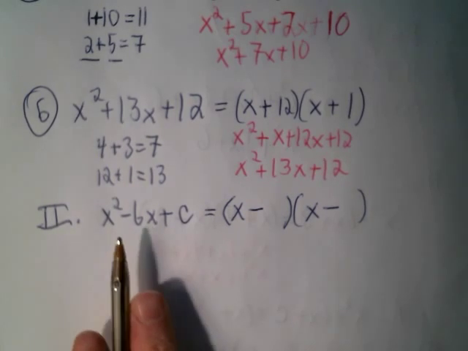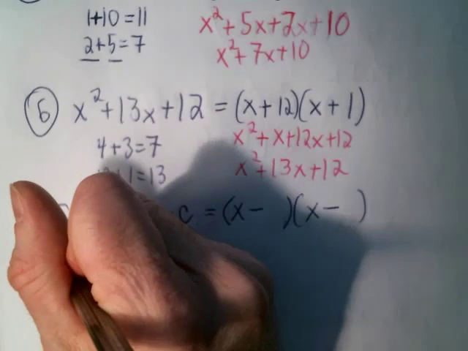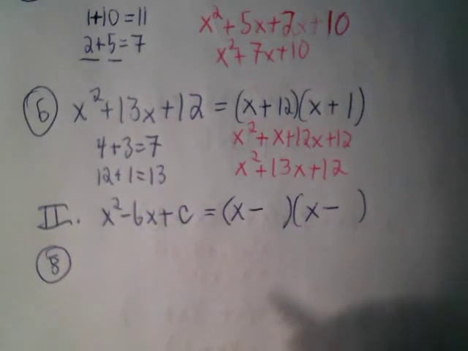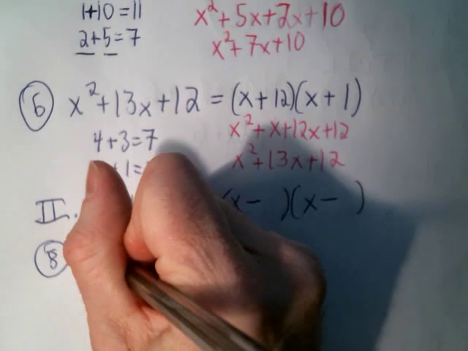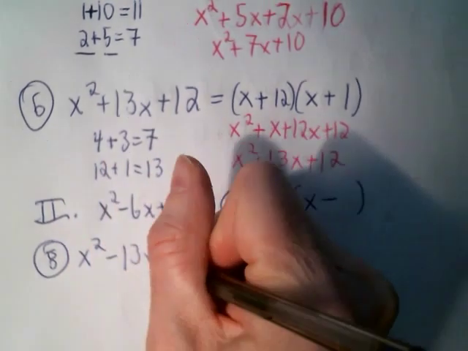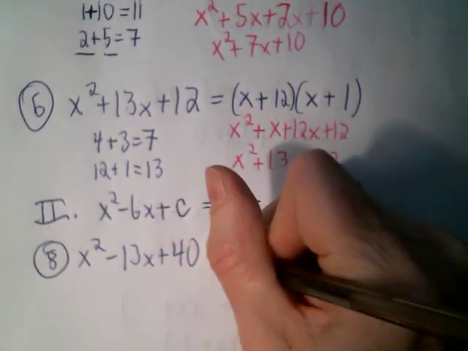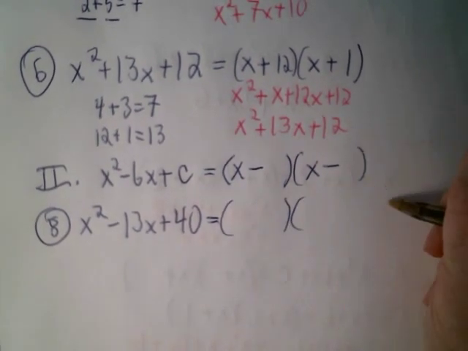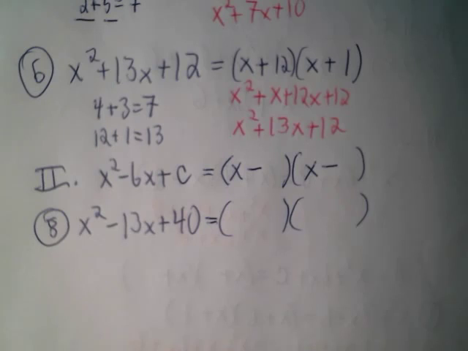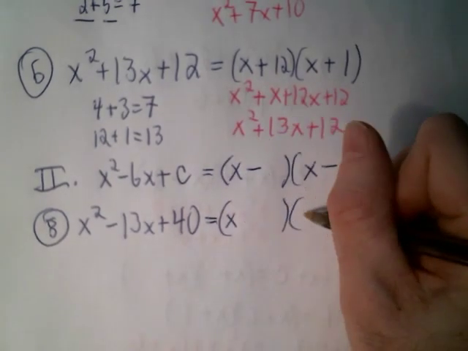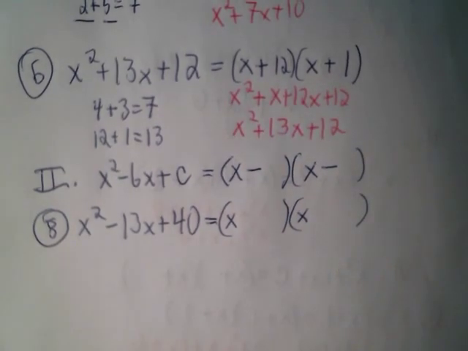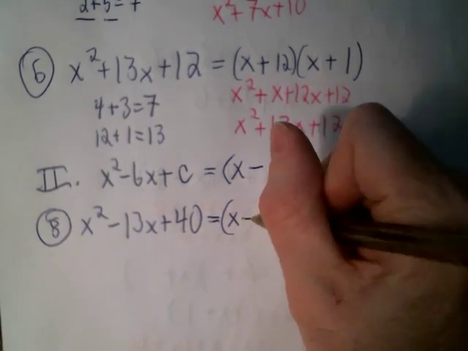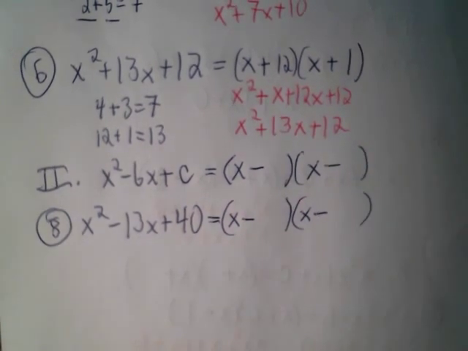Okay, so let's try to do a couple of these. Here's number 8. We have x squared minus 13x plus 40. So I'll set up my parentheses and then start filling in the blanks. So I know the form forces me to use x and x. And it also forces me to use minus minus.